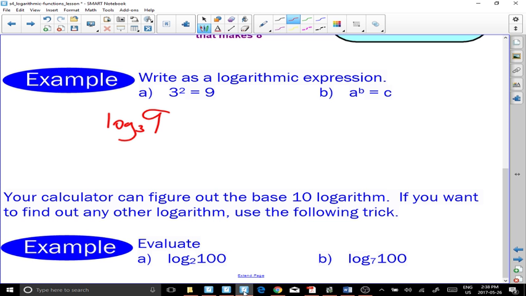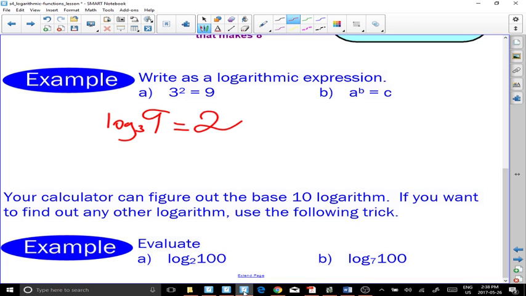The 9 comes next, and we know that the log base 3 of 9, or 3 to the second power, is 9, so the answer is equal to 2. So the log base 3 of 9 is equal to 2 is an equivalent logarithmic expression to the exponential expression given as 3 squared equals 9.